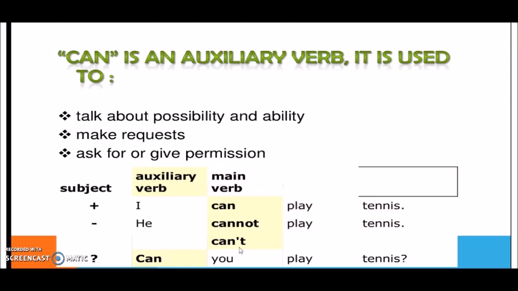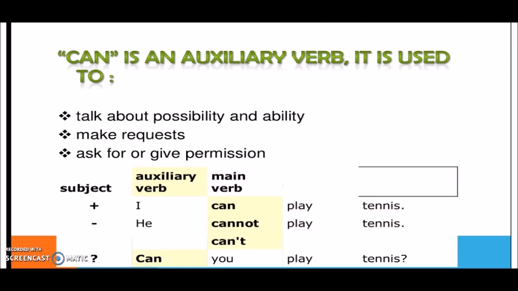No ponemos S de la tercera persona cuando se trata de esos verbos auxiliares, como lo vimos en la estructura de presente simple, que se le agregaba S a las terceras personas. En este caso, esta regla no se cumple.